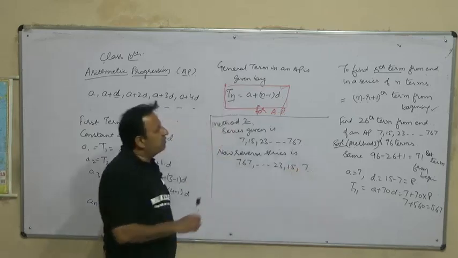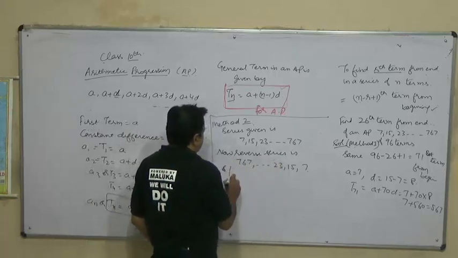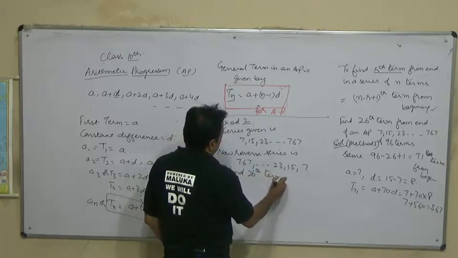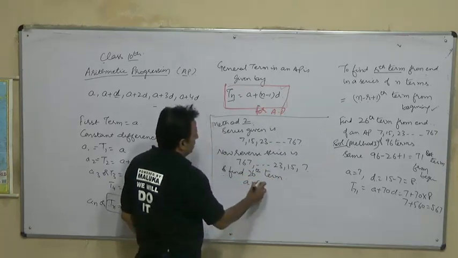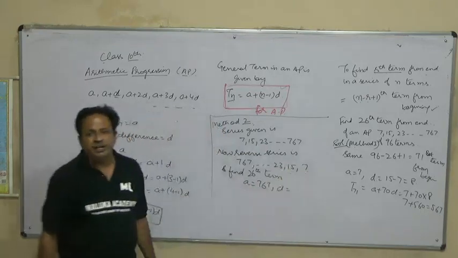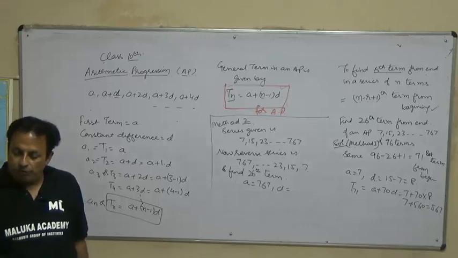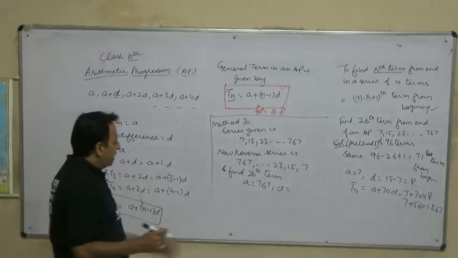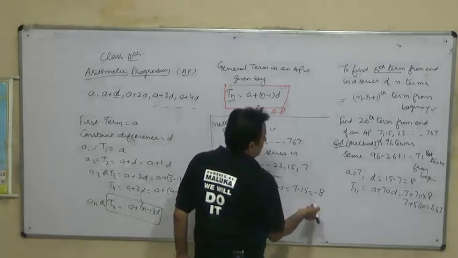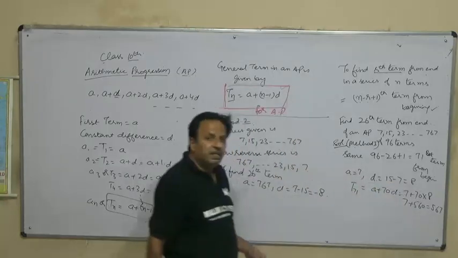Now in this we want to find the 26th term. So here the value of a will be 767, and d will be, just subtract any two terms, the following term minus the previous, that is 7 minus 15, which is equal to minus 8. You can also get it from here, if d is 8 here it will be minus 8.